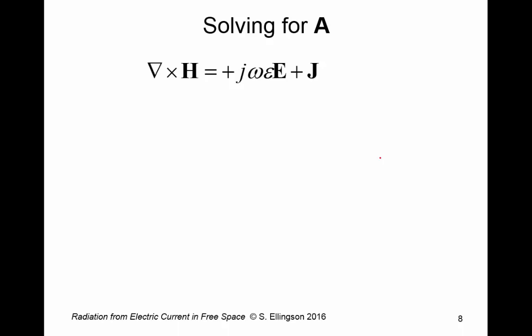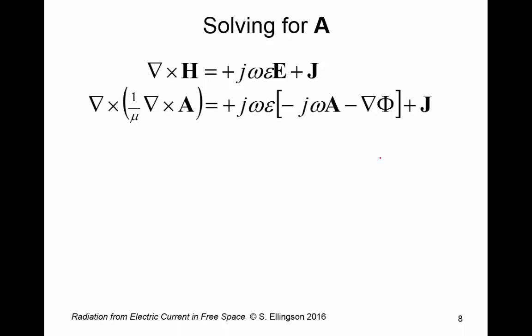Okay, so here we go. Here's Ampere's law. We'll substitute H with the defining expression for A. E we'll replace with this expression that we just derived for E in terms of the magnetic vector potential.